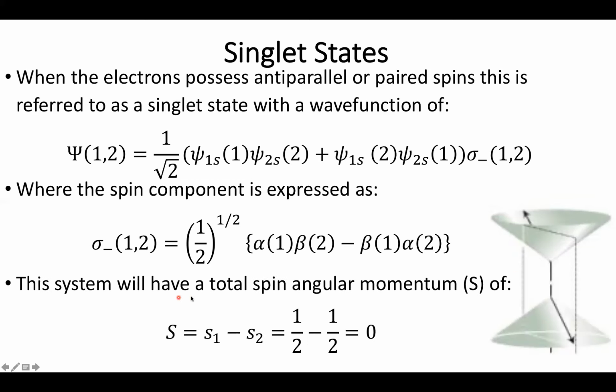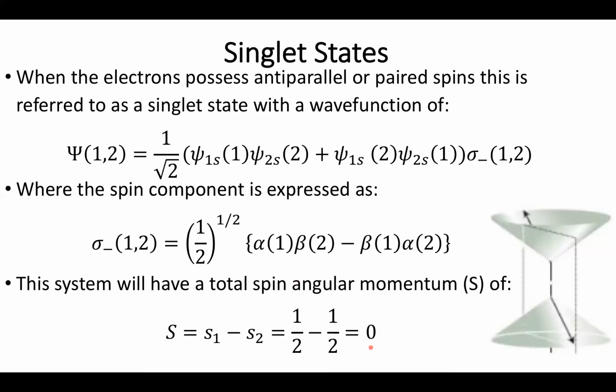So the system will have a total spin angular momentum quantum number, essentially the combination of the two spins. And since they're pointed in opposite directions, we'll take the difference. So the first electron has a spin of 1/2, the second electron 1/2, pointed in opposite directions. Lo and behold, my net spin is 0.